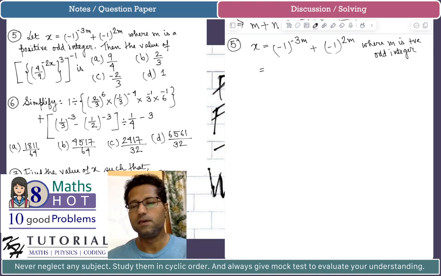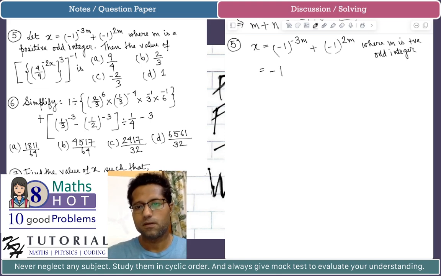Now the power is minus 3m and m is a positive odd integer. Now if m is a positive odd integer, then minus 3m will also be an odd integer, but a negative odd integer, and hence this will be equal to minus of 1 to the power minus 3m.